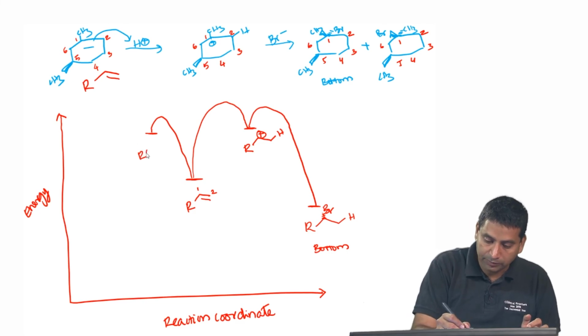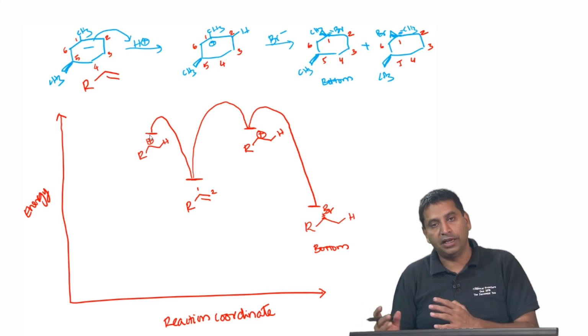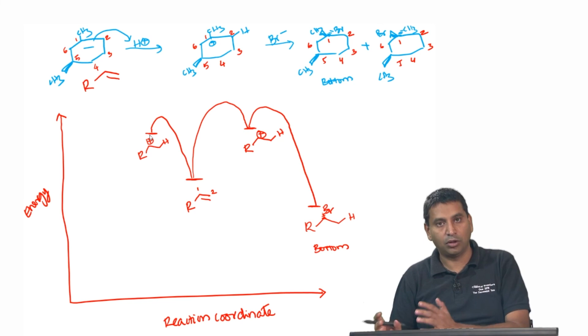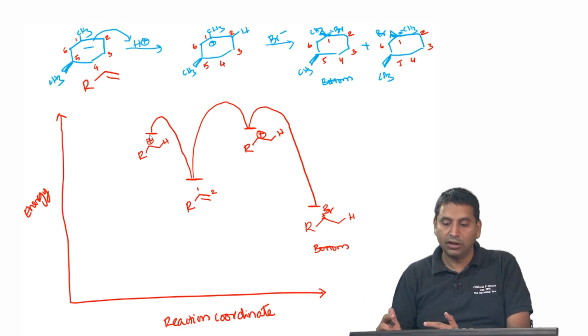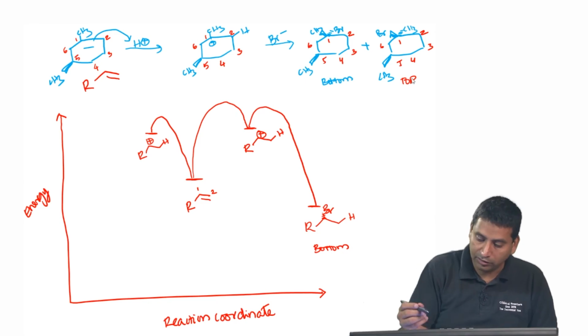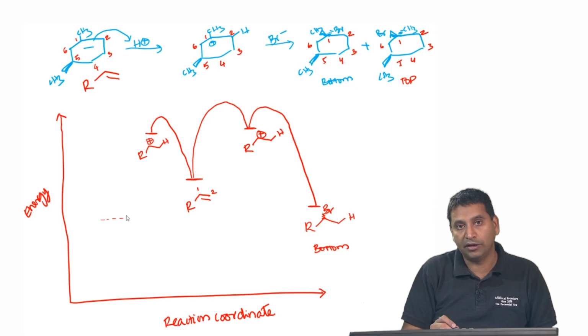So, I am going to get plus here, and I do not know whether the energy is similar or not for the top product and the bottom product. So, we would assume that they would be somewhat similar in energy, but there are going to be some differences. So, I do not know, but I could think about this as being similar in nature.